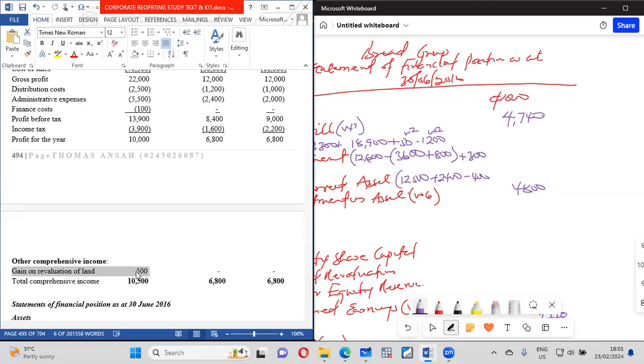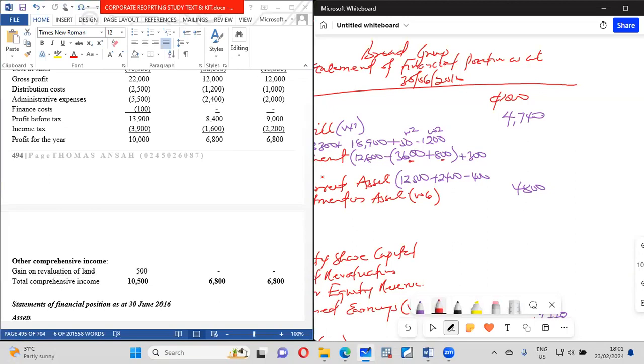All right. So this 3,600 is coming from our investment in the associate. All right. That is that. And also they told us the 800 we use for our purchase consideration was already recorded. All right. So it was another form of investment. So it is inside here. So how much we are getting is exactly what we are coming to calculate.